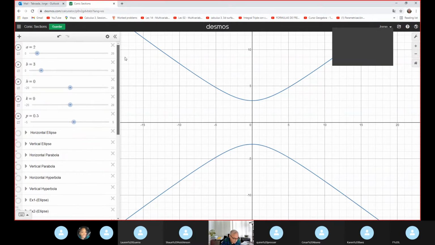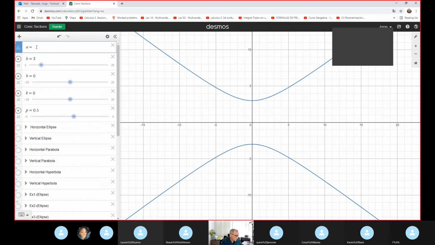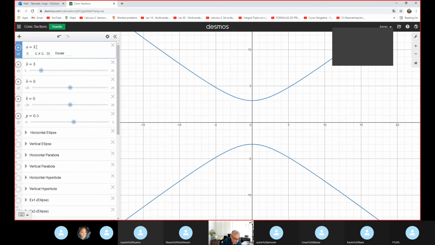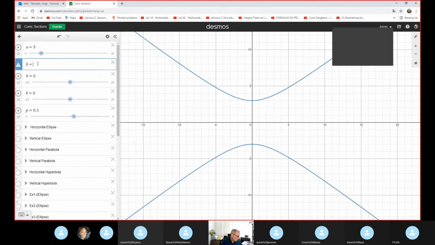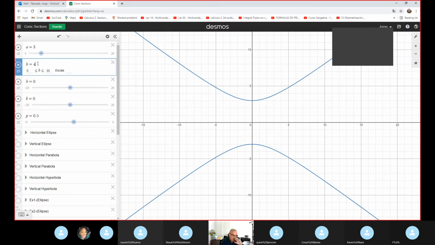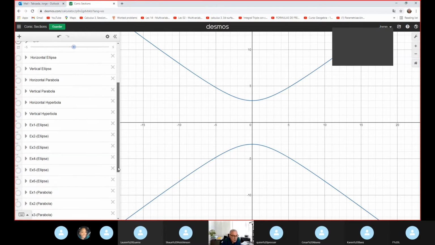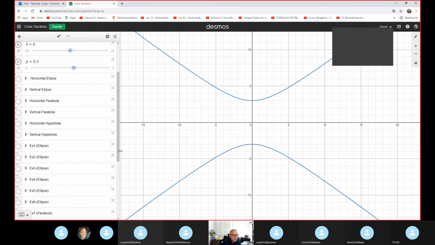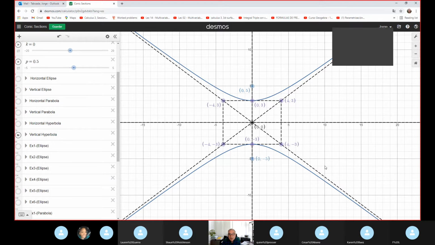In this example, again, h and k are 0, a is 3, and b is 4. And the category of this is vertical hyperbola. Bang! You see they are a perfect coincidence.